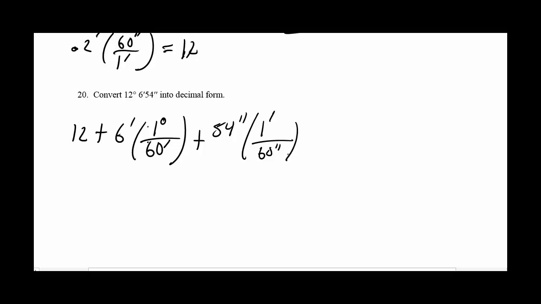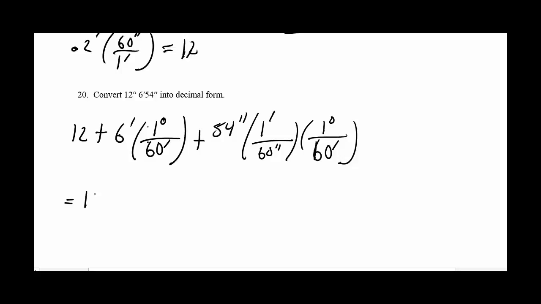And I want to keep going to that, get that in degrees. And so there are 60 minutes in 1 degree. So that's what I wanted to type into the calculator.